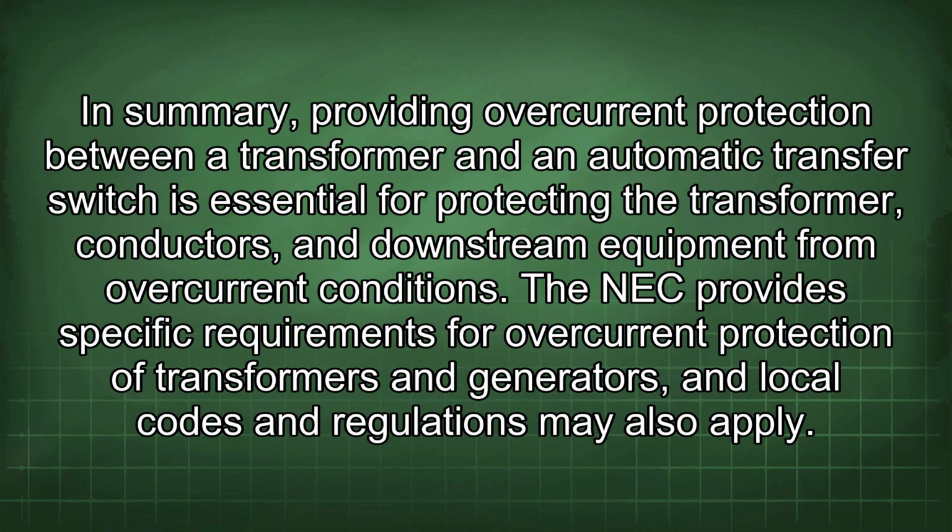In summary, providing overcurrent protection between a transformer and an automatic transfer switch is essential for protecting the transformer, conductors, and downstream equipment from overcurrent conditions. The NEC provides specific requirements for overcurrent protection of transformers and generators, and local codes and regulations may also apply.